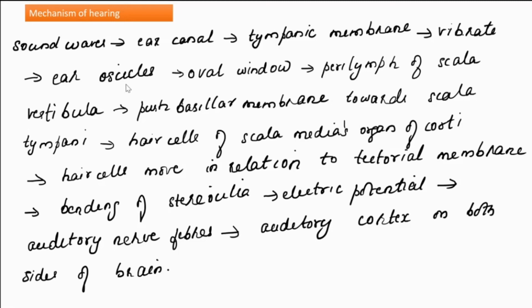And that vibration then passes to the oval window. From the oval window, that vibration passes to the perilymph of the scala vestibuli. Perilymph of scala vestibuli means the first channel, the upper channel of the cochlea. Then a movement happens in that fluid and it pushes the basilar membrane towards the scala tympani.